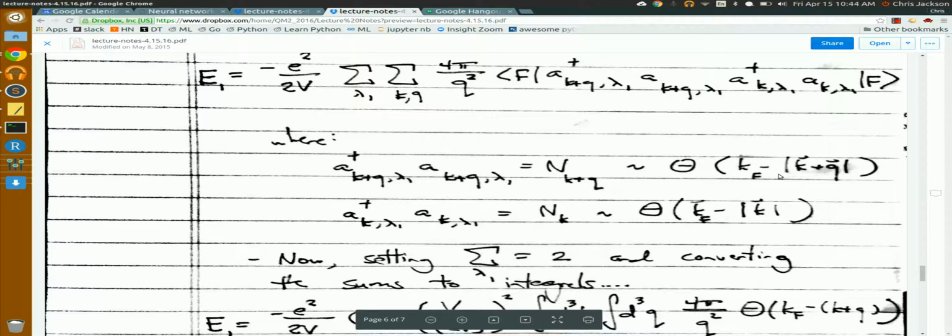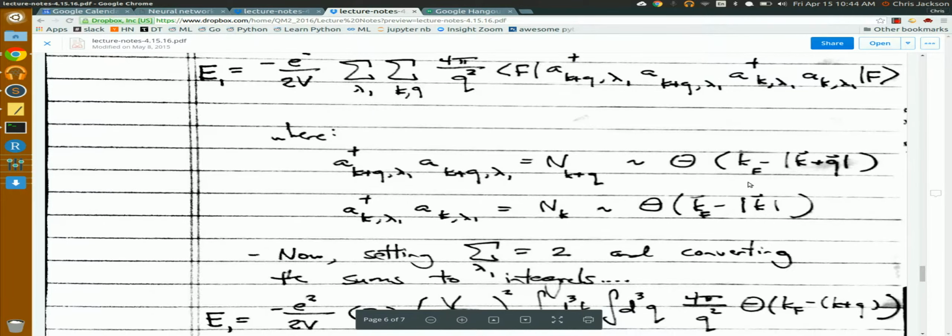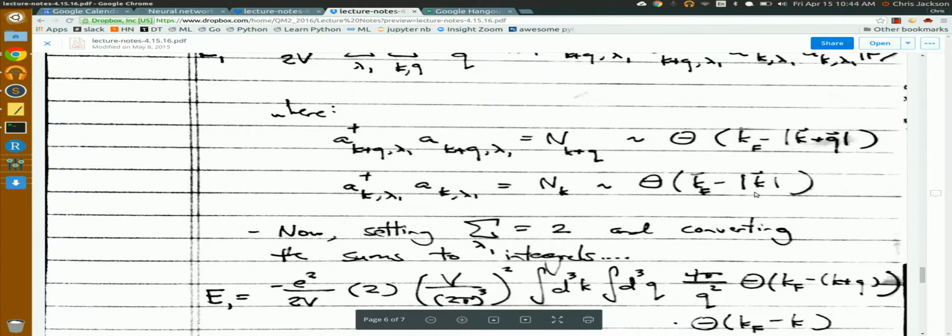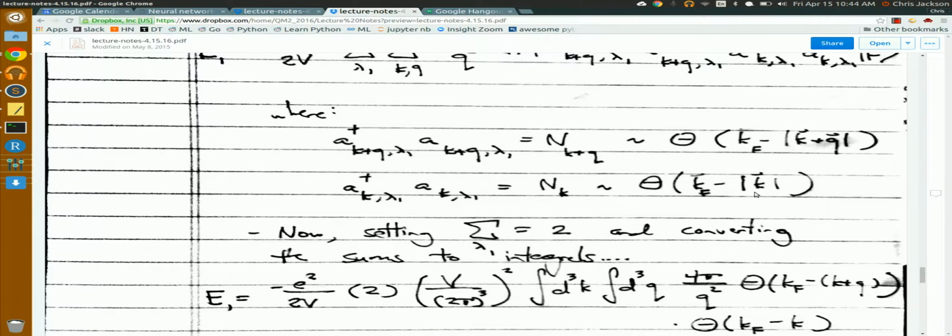So this counts the states that have momentum k less than kF minus q, and this counts the states that have k below kF.